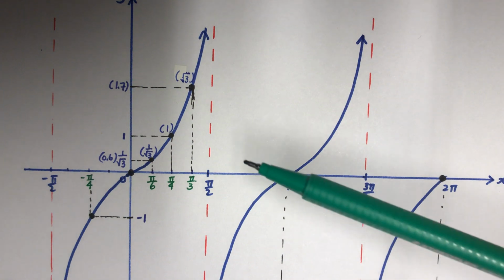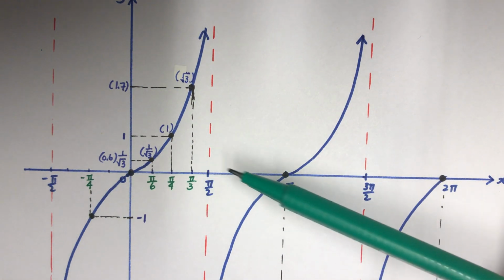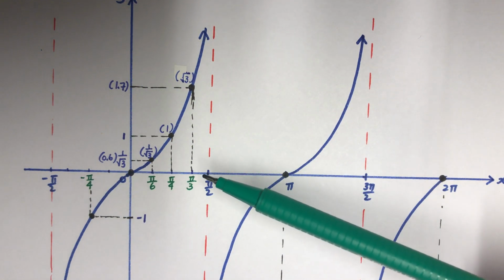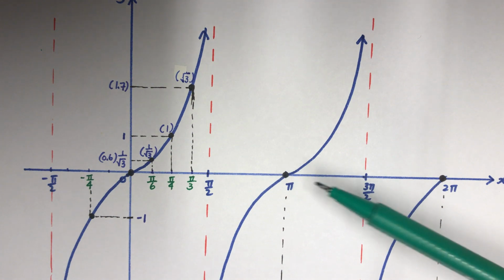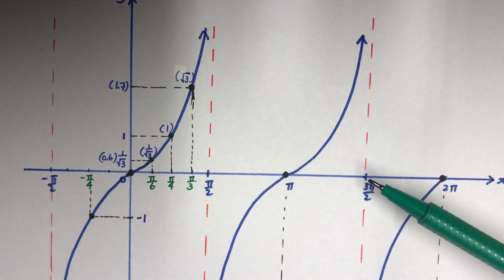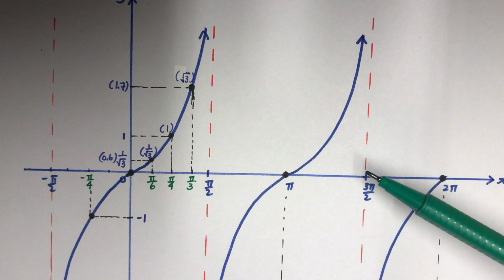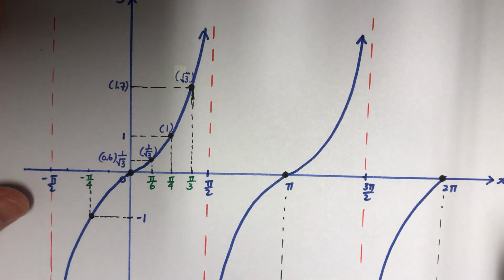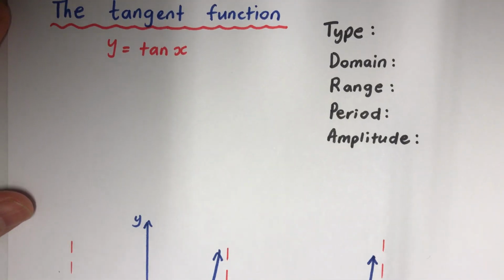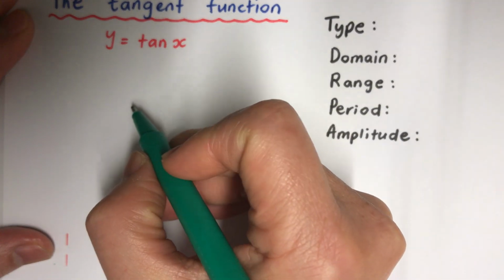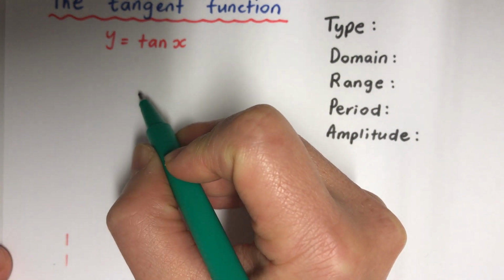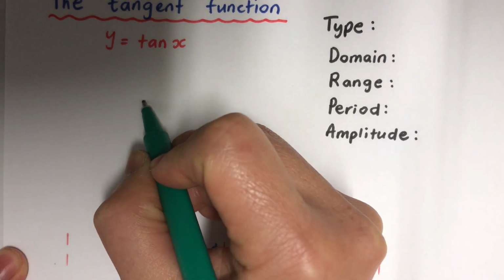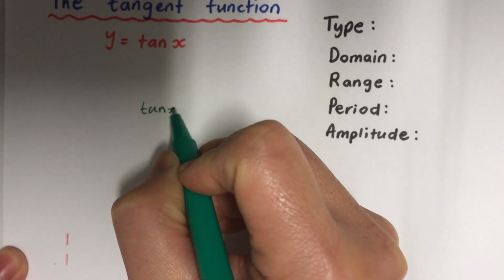Again, 0 to 90 is the first quadrant, 90 to 180 is the second quadrant, 180 to 270 is the third, and 270 to 360 is the fourth quadrant. Now the tangent is a little bit different, isn't it? Because what is tan x?